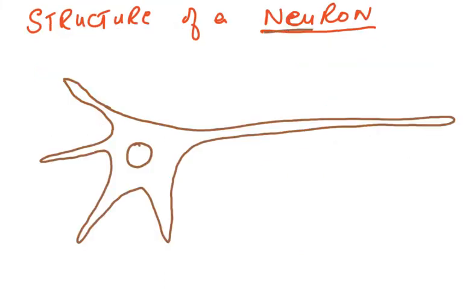A neuron. A neuron is a cell, and many neurons make a nerve. So the neuron is a sort of weird type of cell because it's not a very normal cell which we draw. It's a cell with a cell membrane. So this is the cell membrane which I have drawn.